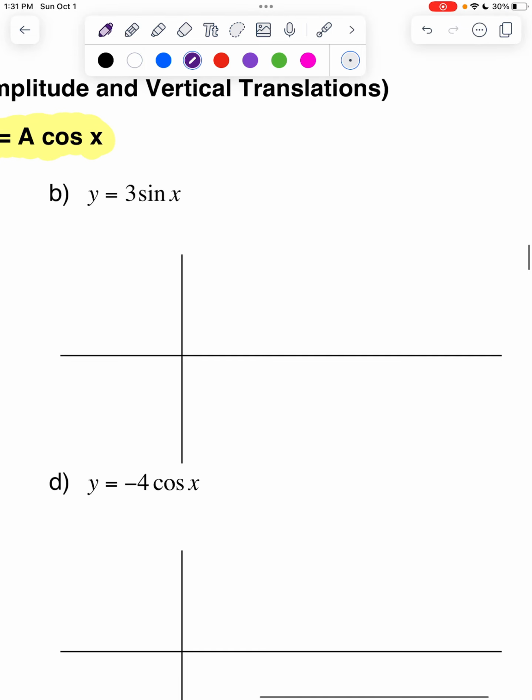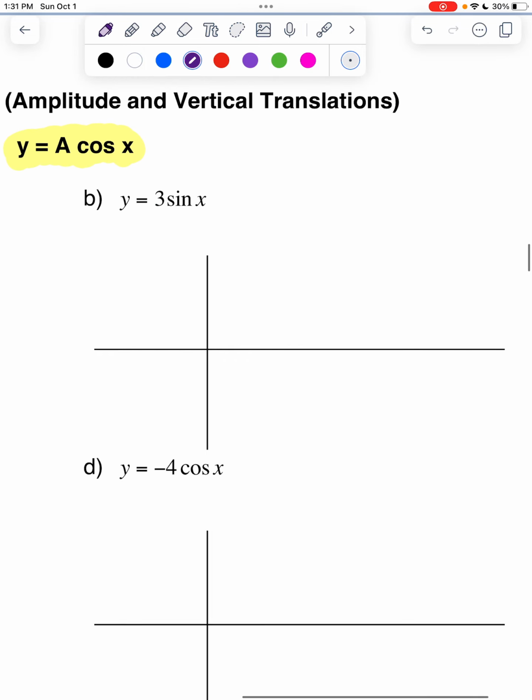Alright, moving on to B. It looks like we are not dealing with any negatives, so our amplitude in this case is just 3. Again, I would start with graphing your parent function. We're still dealing with sine, so this is what our parent function looks like.